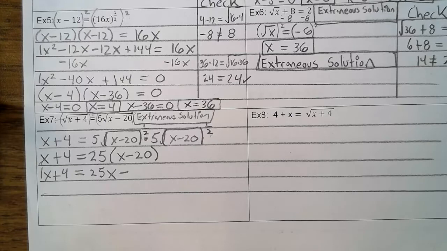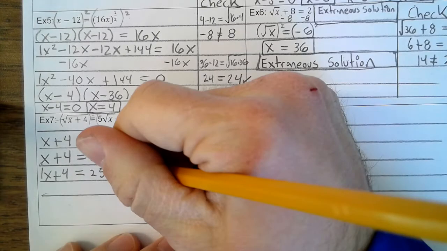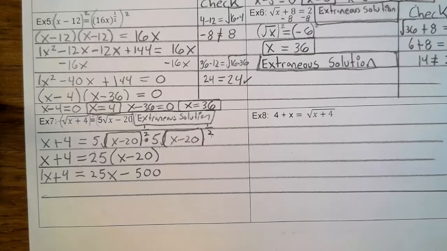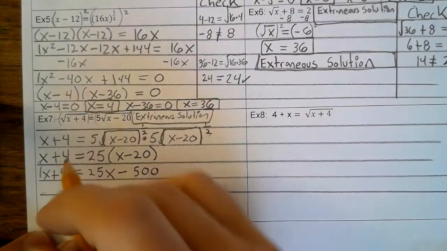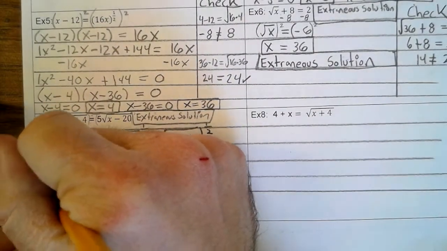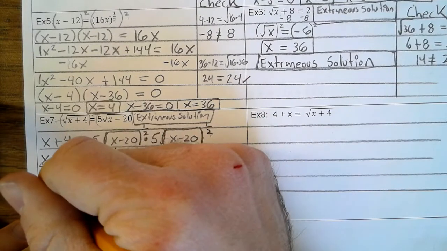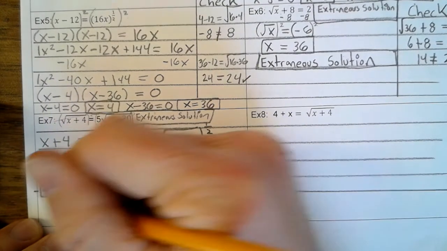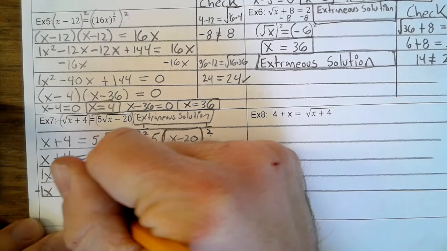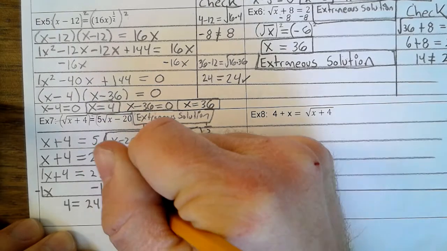So let's start by subtracting 1x from both sides. So you get 4 equals 24x minus 500. Add 500 to both sides. You have 504 equals 24x.